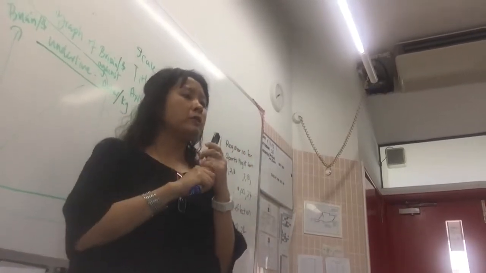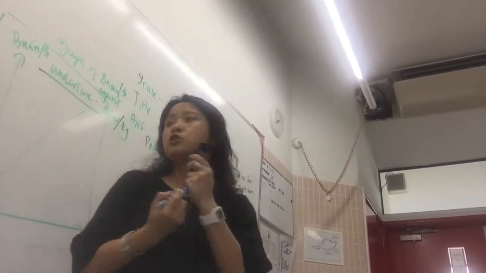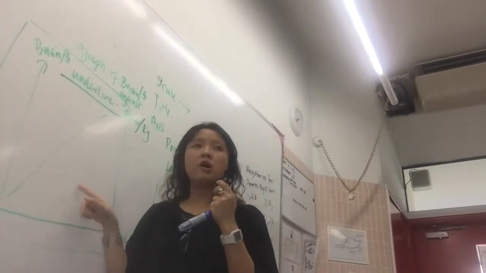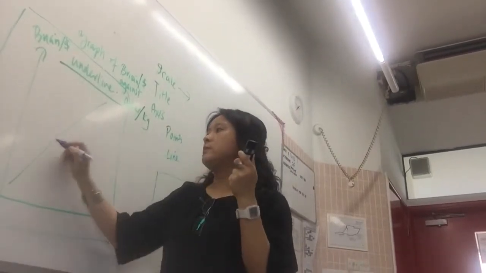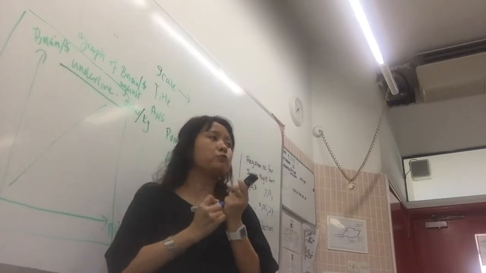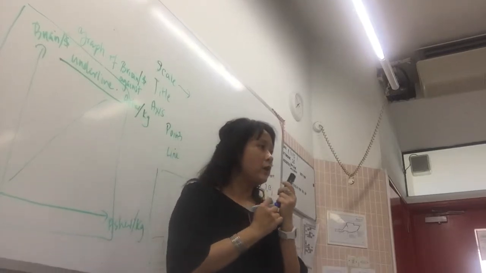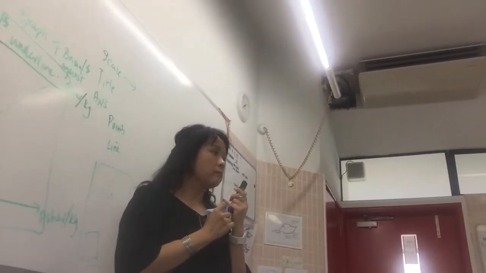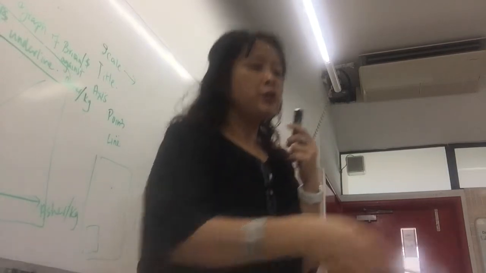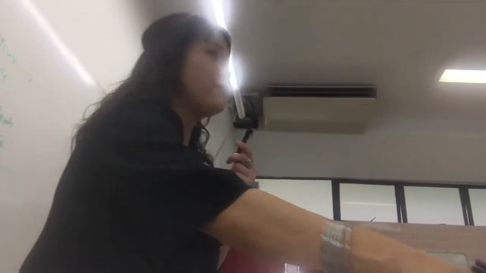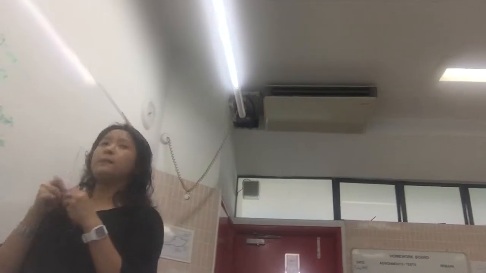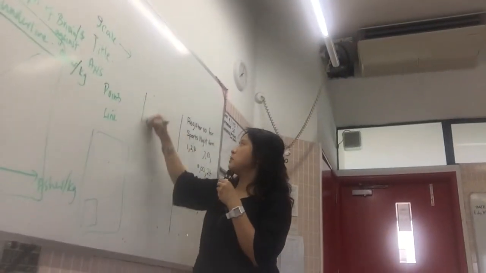Madam has very sharp eyes. When you mark out the points here, you have to mark them to the accuracy of half of the small square. What do I mean by half of the small square?